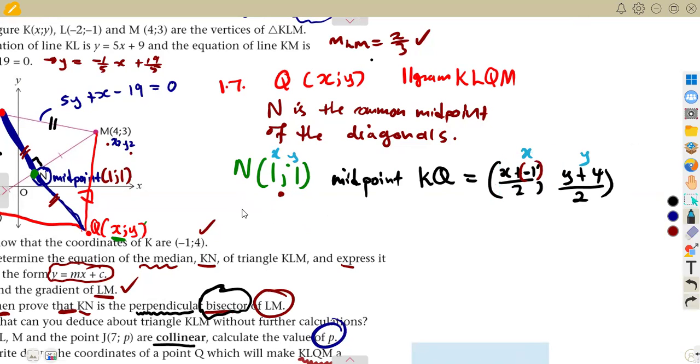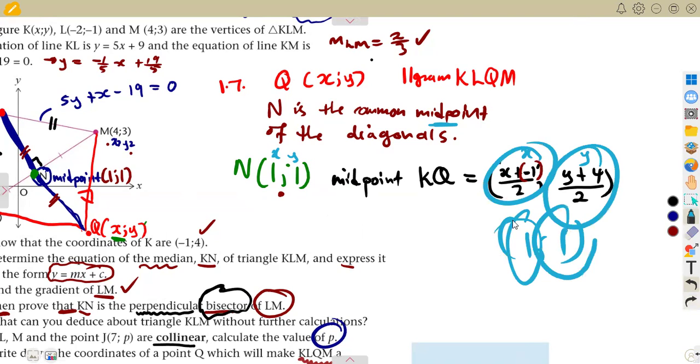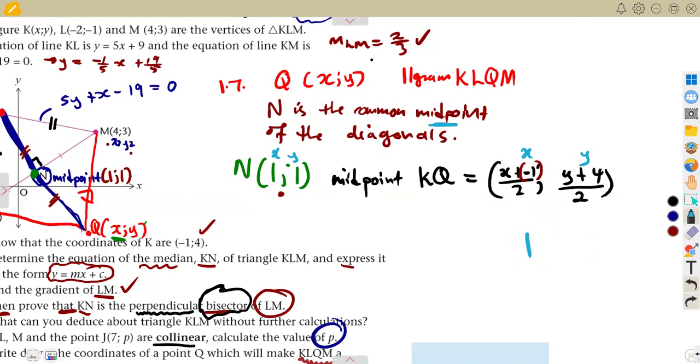There is no way that N is the midpoint, which is (1, 1), then we calculate the midpoint of the diagonal KQ and get something like (1, 3). It's impossible, while this is (1, 1). If we calculate the midpoint of this, it is supposed to give us (1, 1). So this is equal to 1, and this is equal to 1. There's no way we can have different values at the midpoint, while we said it is the same midpoint.